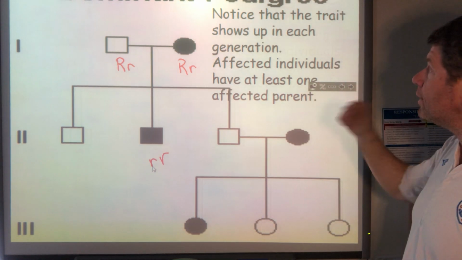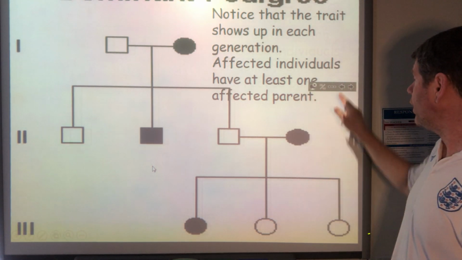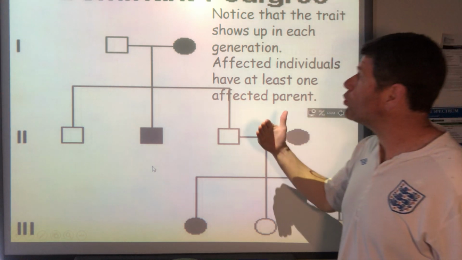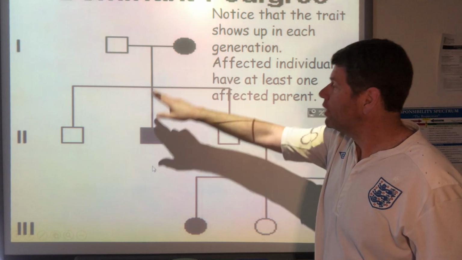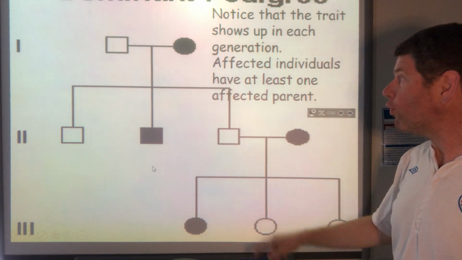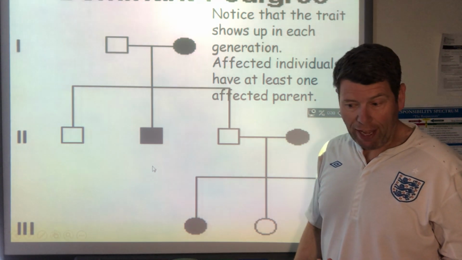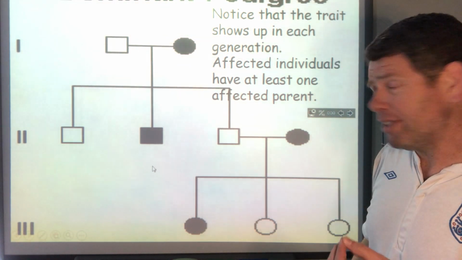Now, if we look at the next slide, it's the dominant pedigree. Now, how do we know that it's dominant? Because we see the trait in every generation. So it is possible, for example, Huntington's disease is caused by a dominant allele.